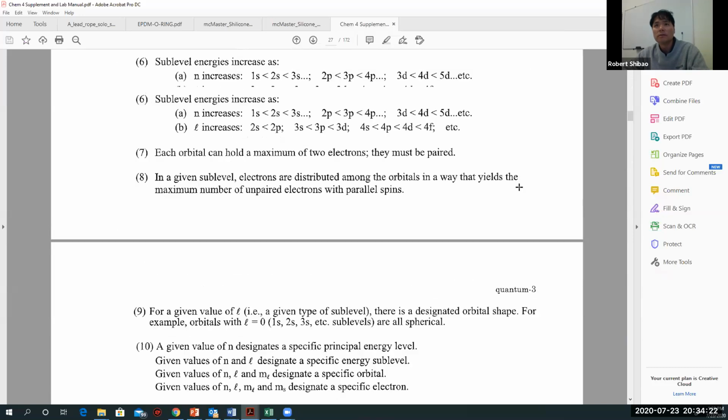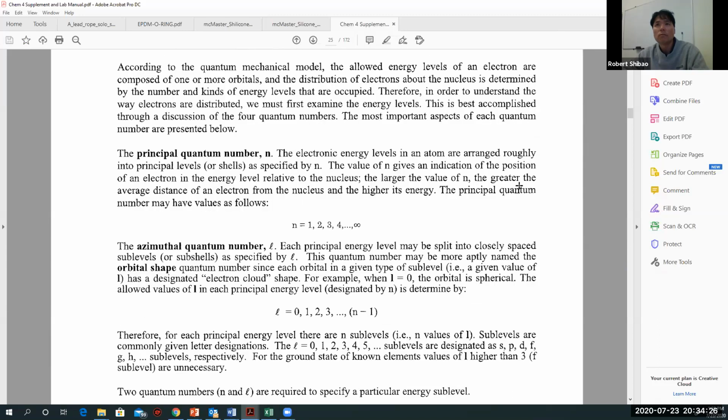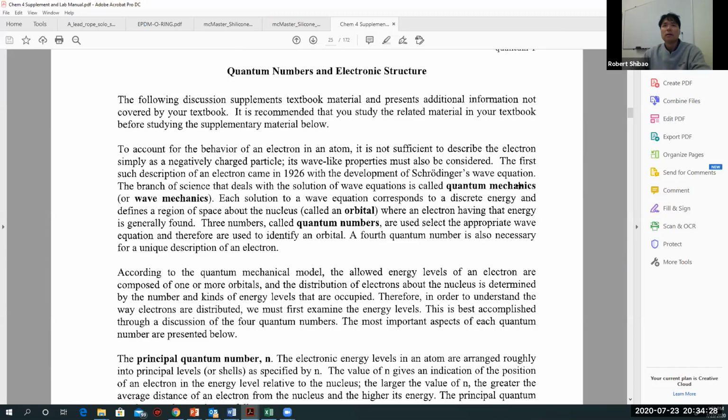So if you go to quantum in your supplement, we can look at quantum numbers, the mathematical restrictions to the answers to the Schrodinger equation, and electronic structure, the orbitals.